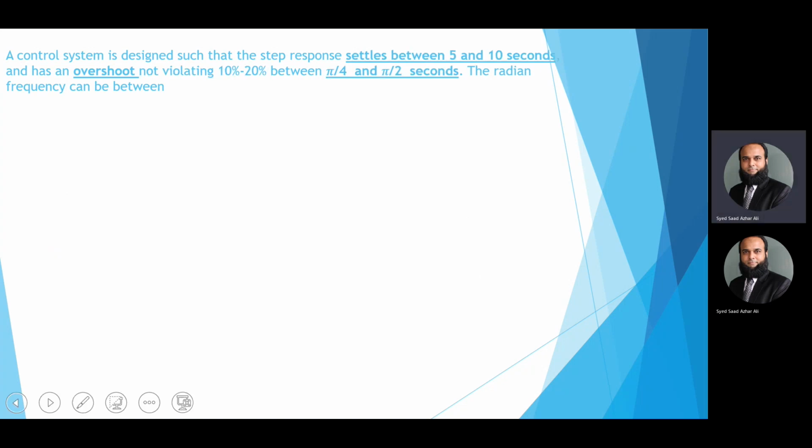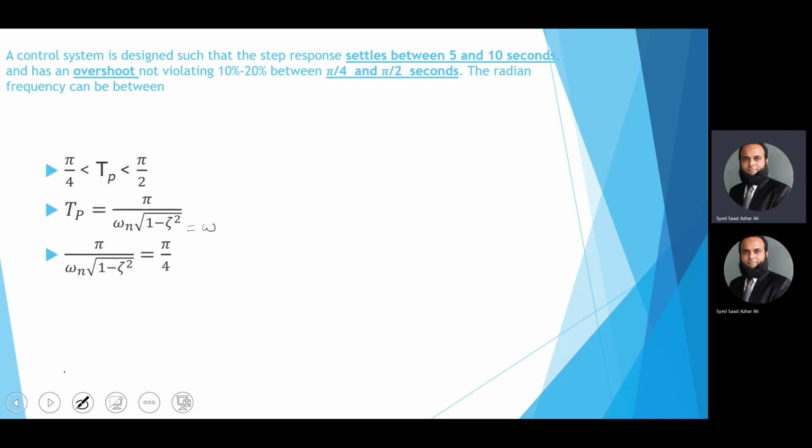And then the pi by 4 and pi by 2. This is for the overshoot between pi by 4 and pi by 2 seconds. This means we are talking about the peak time. So peak time is between pi by 4 and pi by 2 seconds. The formula for peak time is pi upon omega n under root 1 minus zeta square, which is actually, as I just told you at the beginning, omega d. This is the horizontal line value.